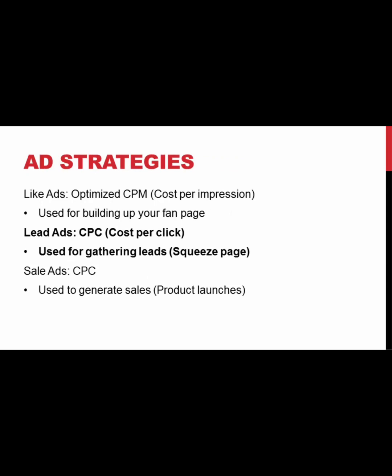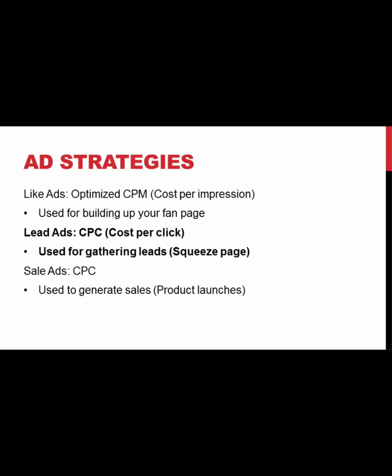For example, they have ads where the whole point is to build up your fan page and get likes for your fan page. You can do lead ads, where the whole point is for you to get a lead, and this is what we're going to be focusing on by driving traffic to our squeeze page and focusing on getting leads. And the last strategy is a sales type strategy, where you send traffic to a product launch or some kind of sales page, trying to make the sale.